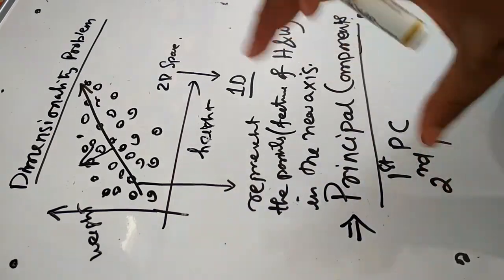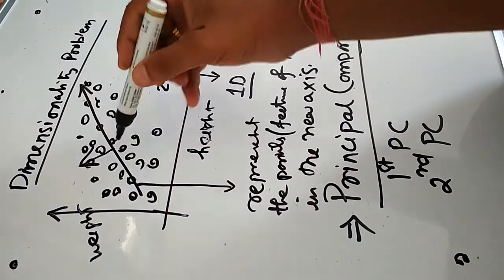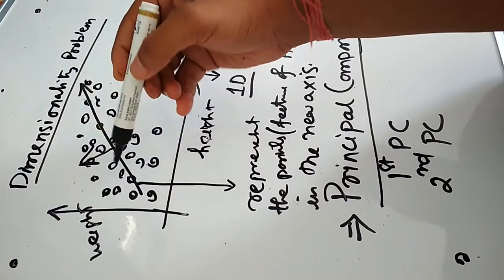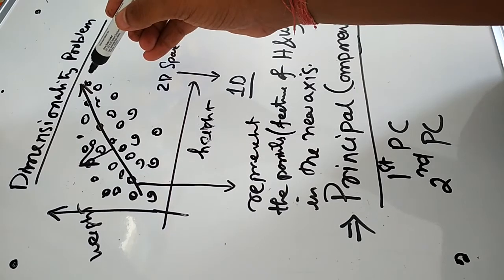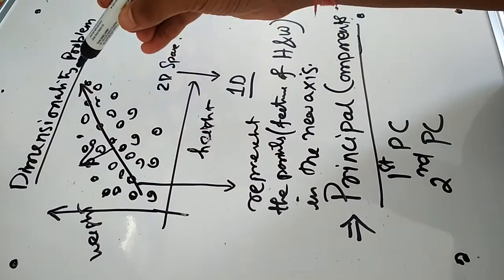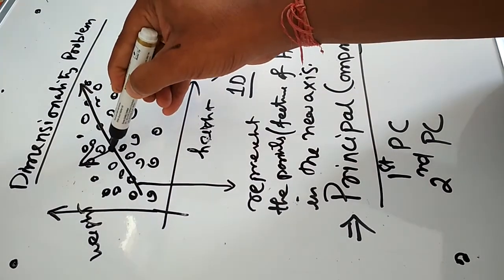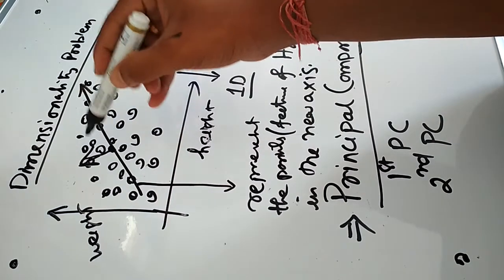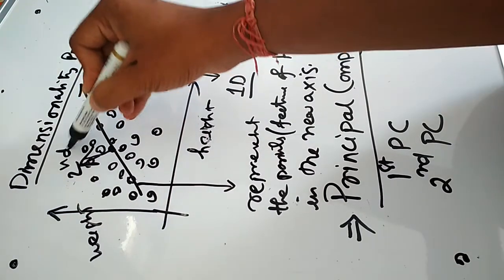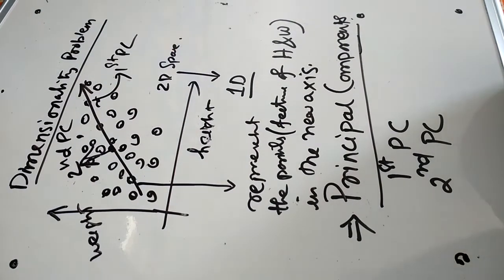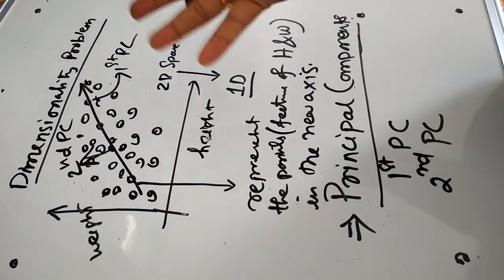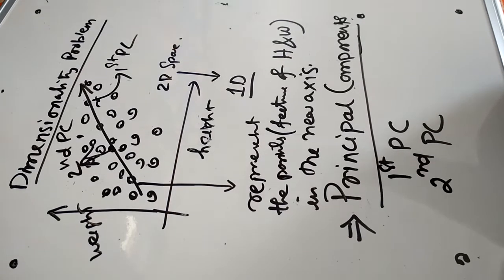In this diagram we can see that the first principal component will be, for example, this line, and the line perpendicular to it is called the second PC. So how to draw the first PC and the second PC, we will go through it.